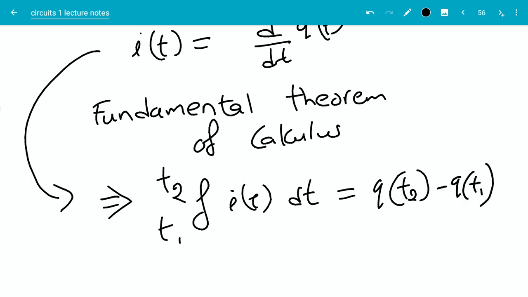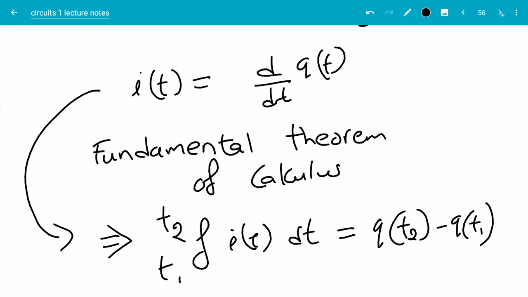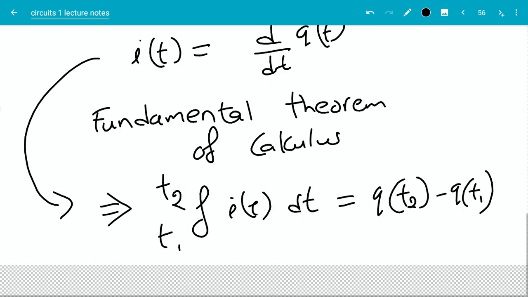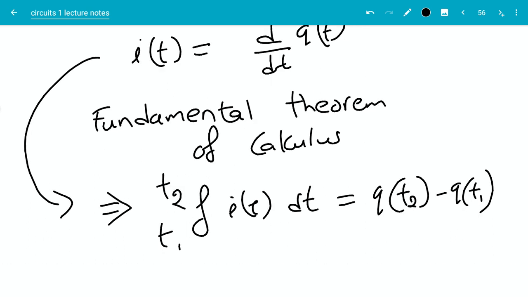This is what the fundamental theorem of calculus says: if I of t is the derivative of q of t, then if you integrate I of t, you get q of t, and you apply the limits on q of t that way. We just assume that we know this.